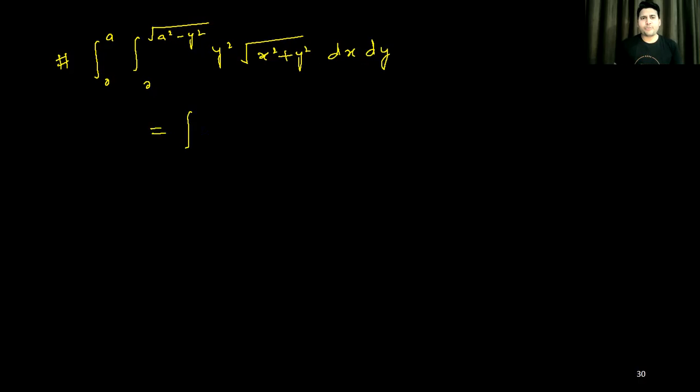When converted to polar coordinates, it will be r equals 0 to a and theta equals 0 to pi by 2. What do we have inside? It is r power 4 into sine square theta dr d theta.